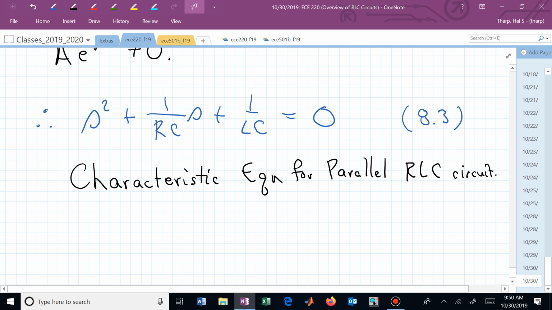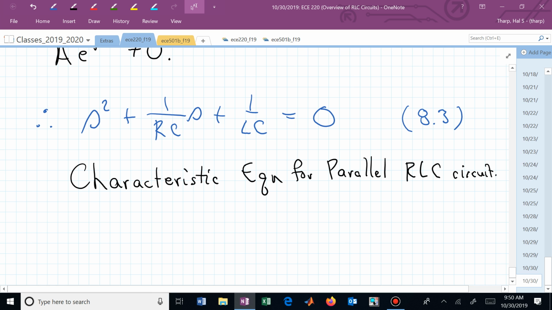And we need to now find values of s that satisfy that. How do we do that? It's quadratic. We use the quadratic formula. What did you find for possible values of s if they were generically associated with this quadratic equation? What kinds of s's could you end up with?